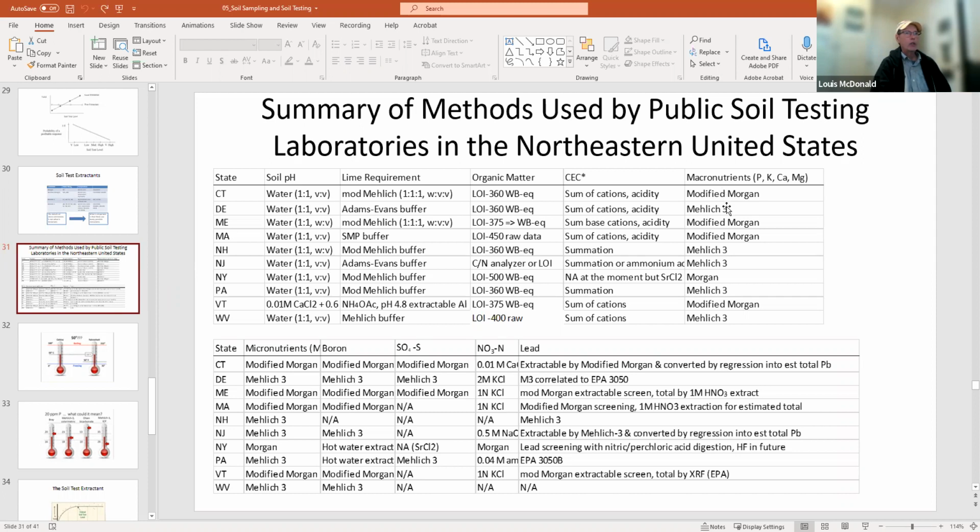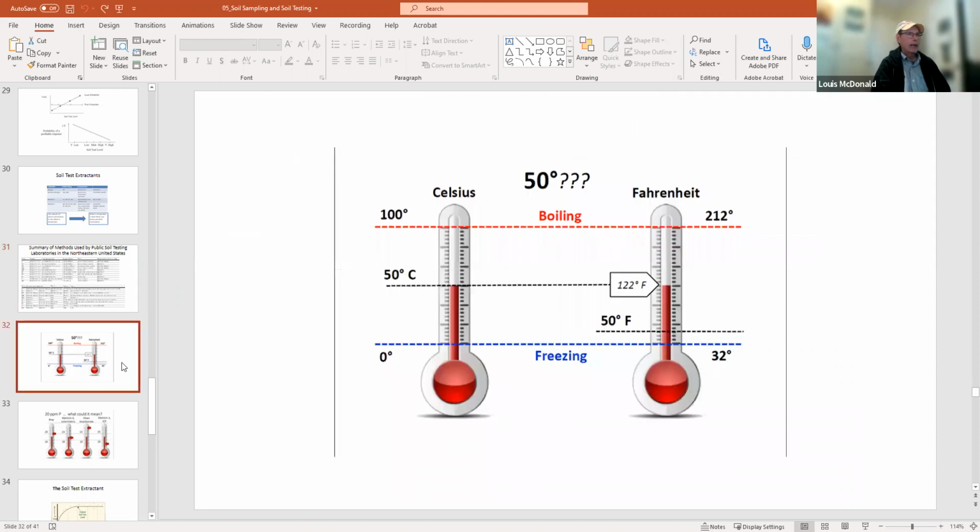So if they used modified Morgan and we're using Mehlich 3, you're going to get a different number. And this is my way to try and describe that to you. What's the difference between Celsius and Fahrenheit? If you told me your temperature was 50, I wouldn't have any way of saying whether you were dead or alive, right?